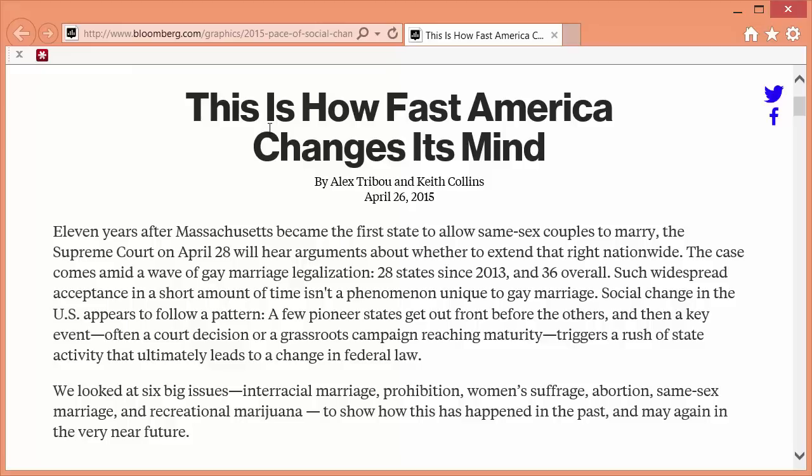So this is how fast America changes its mind. It's the article. Naturally, the emphasis here is on how Americans change their mind with respect to various social or political issues. A good example is, for example, same-sex marriages.